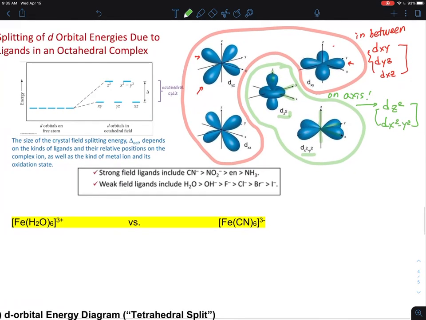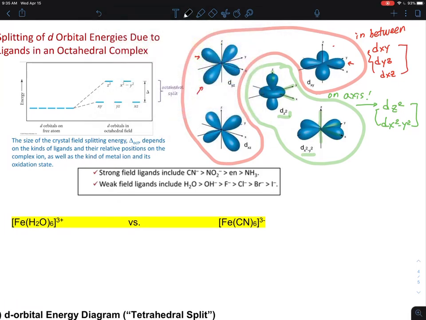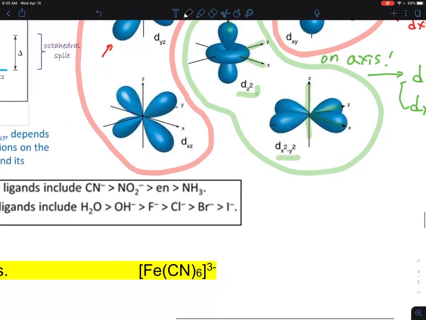So let me give you a generic diagram. I think I'm going to follow the same notation that they show here. So this is an x, this is a y, and this is a z.